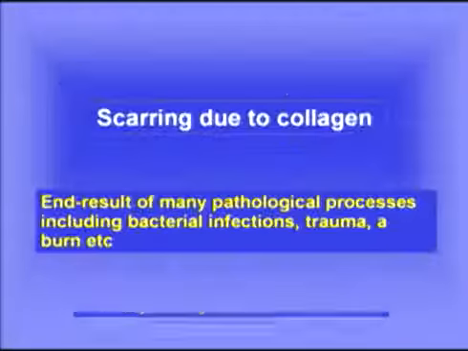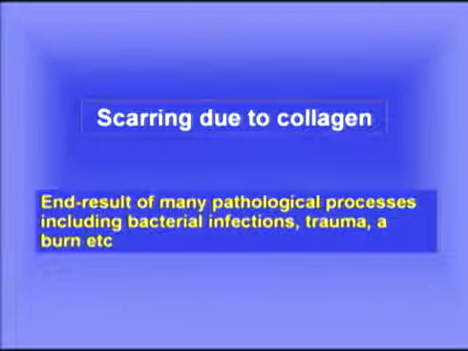Now, scarring is an end result of a number of pathological processes. For example, if you see somebody with a scar on his arm, you don't know whether he's had a nasty bacterial infection of some kind that has healed but left a scar. There may have been trauma in a car accident or whatever, which has left a scar.